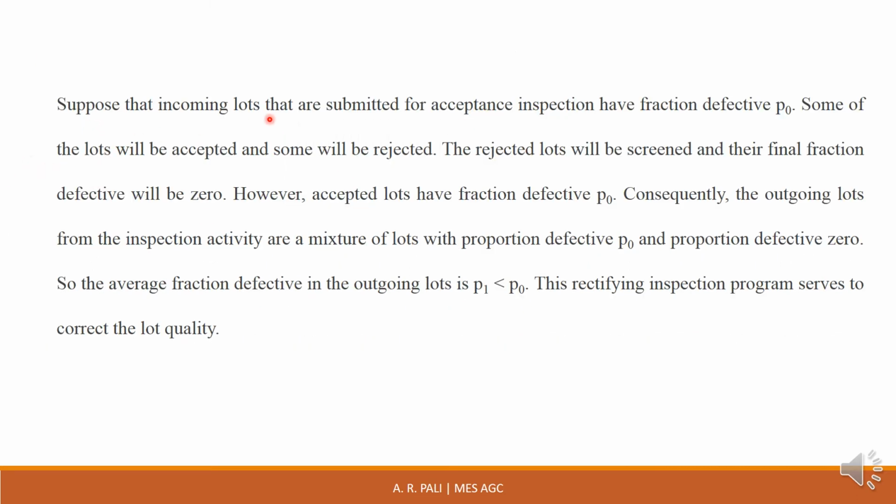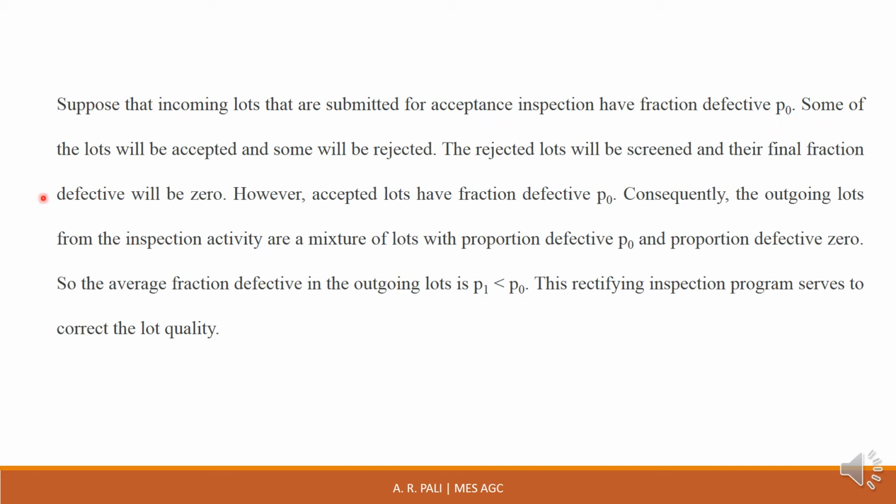Suppose that the incoming lots that are submitted for acceptance inspection have fraction defective P0. We have already discussed this, we'll just read it out once. Suppose that inspection lots that are submitted for acceptance inspection have fraction defective P0. So P0 is the lot quality of the lots which are incoming, which we are going to inspect and apply this acceptance inspection.